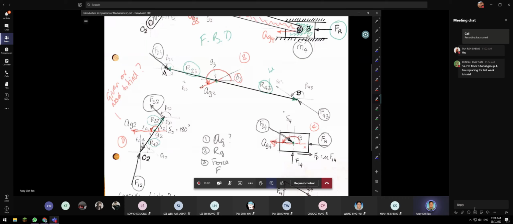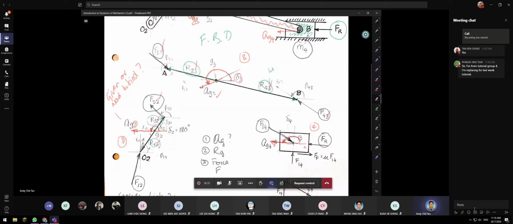You see F43, R43, R23, and F23. So that's something you have to remember. All end with 3. All right, the acceleration end with 3. Okay, now for link number 2, your force end with 2 and R12, radius also 2, and your G is also 2. All right, so this important information you have to remember.